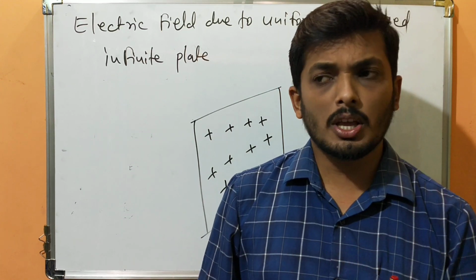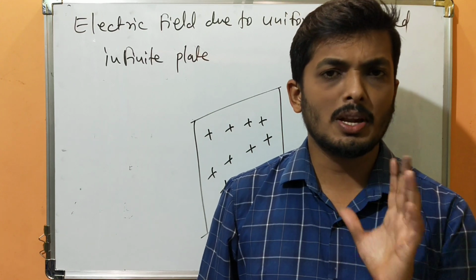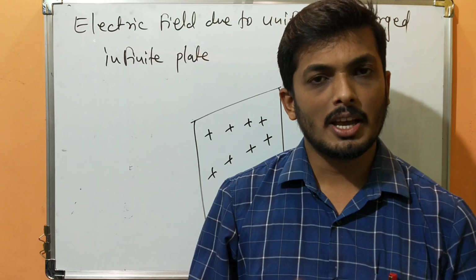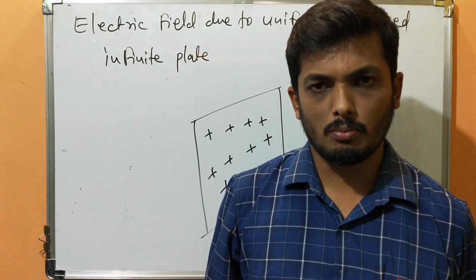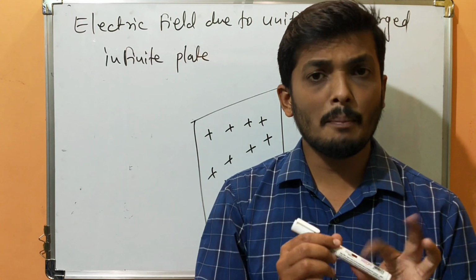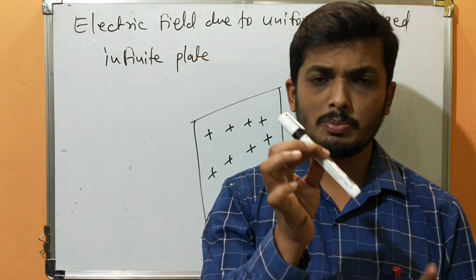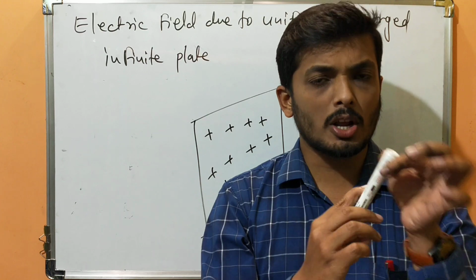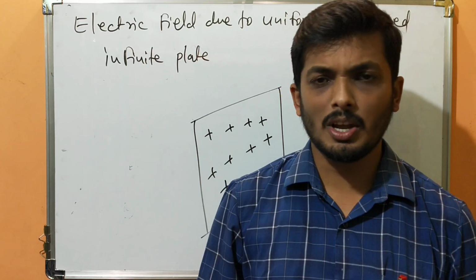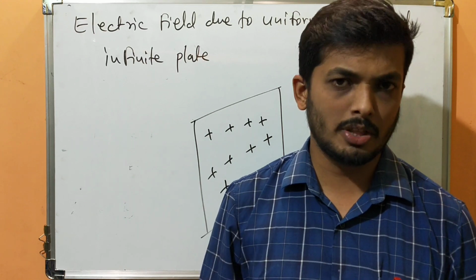Very sure one of the derivations may appear in the exam. More chances are there for the equatorial plane derivation, but be prepared for both. Then we saw the torque experienced by a dipole when placed in an electric field, which is PE sin theta. Remember the various conditions associated with the dipole.